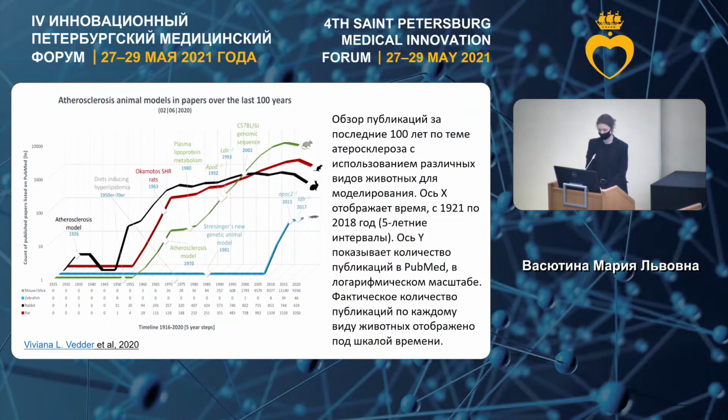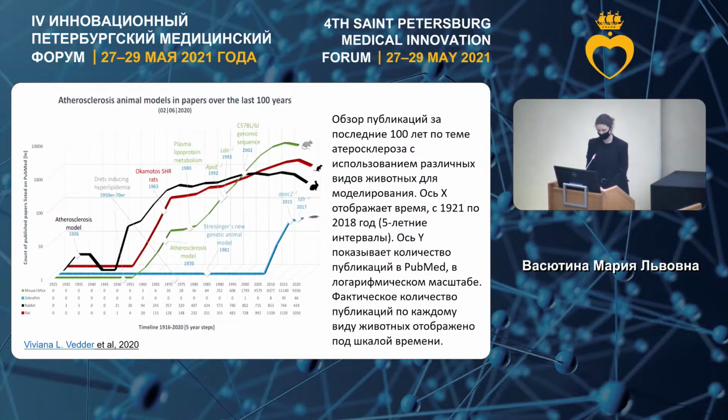Here you can see the overview of different biological models for atherosclerosis over the last 100 years, starting from 1925 with the step of 5 years.